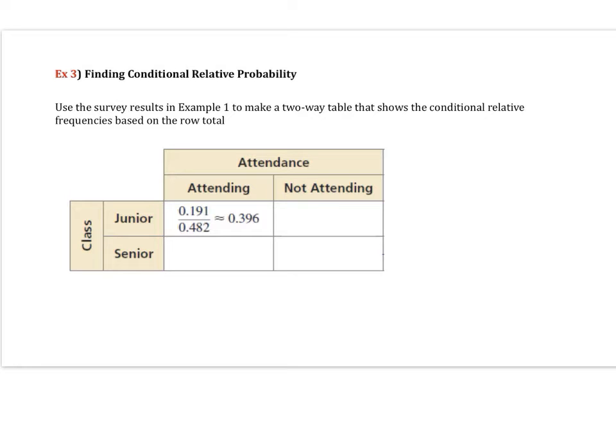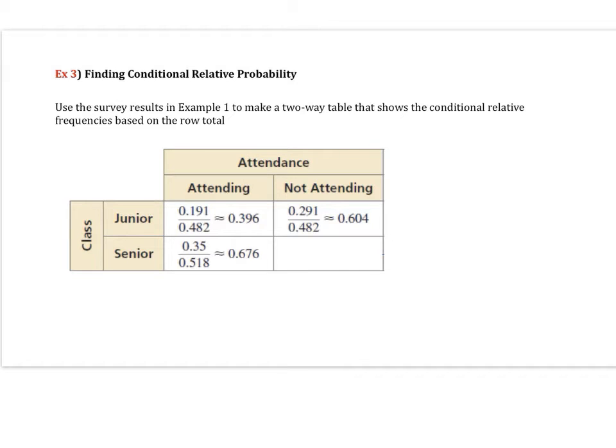You do the same thing for not attending. The not attending joint frequency was decimal 291 divided by the row total for juniors, which was decimal 482. When you divide that, it comes out to approximately decimal 604. Now let's go to our seniors, which was decimal 35 joint frequency for seniors attending, divided by the senior total, which was decimal 518.